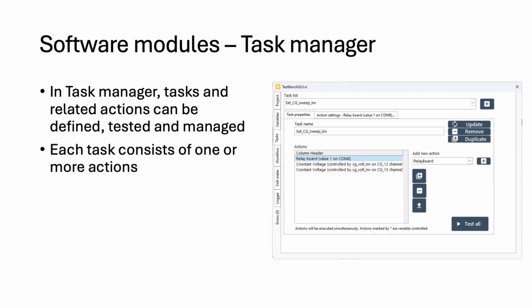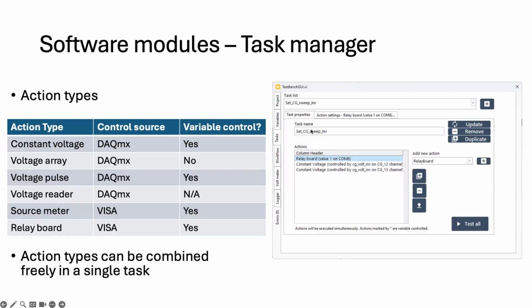Then you will see that there is a higher level in this architecture, which is the workflow. A workflow consists of tasks. For instance, here the task is called set CG sweep, but the name doesn't matter really.